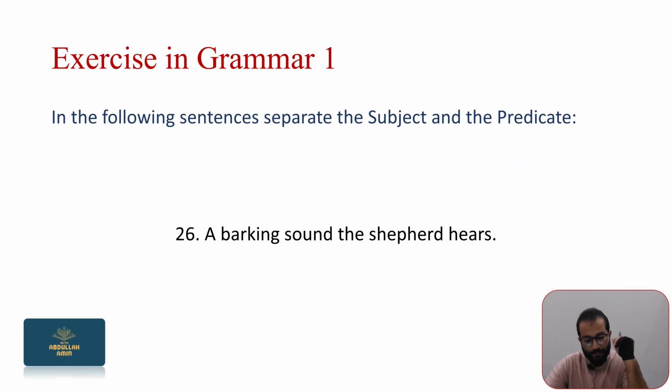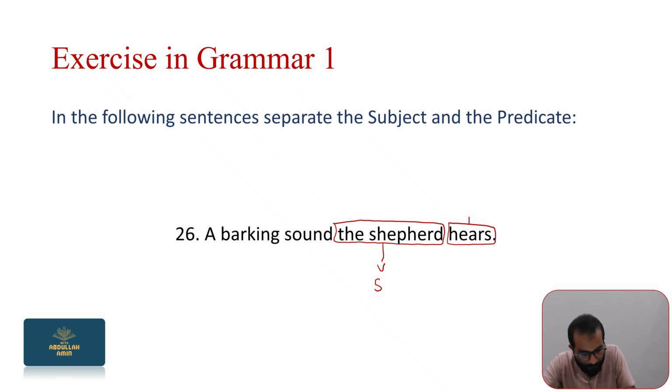So now, as you can see, a barking sound the shepherd hears. Over here, this part, the shepherd hears, is the subject, and this part, a barking sound, is the predicate.